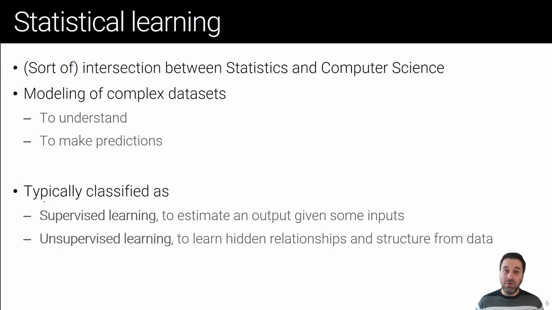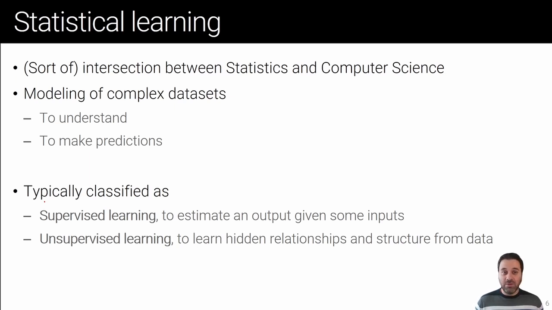Either we want to understand whatever phenomenon the data refers to, our object of study, or we want to use that data in order to build a model such that we can make predictions about that object of study. We're going to see that depending on whether we want to understand or to just make predictions, the techniques we use are quite different. And we typically classify these statistical learning techniques in two categories. It's either supervised or unsupervised learning.